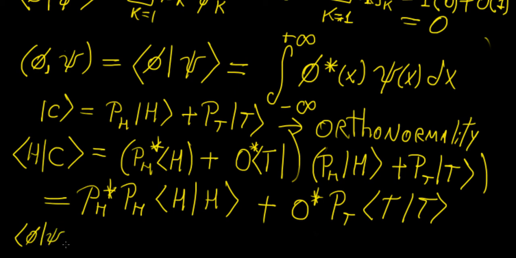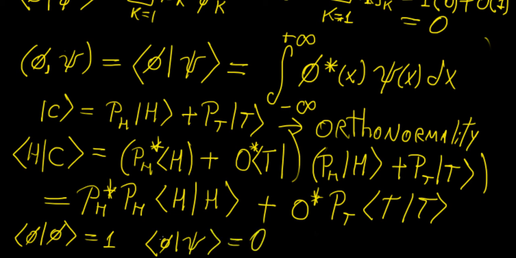If two vectors are orthonormal, their inner product should always be 1. Or actually, the dot product with itself should be 1. And the dot product of two vectors that are orthonormal to each other should always be 0. So something like phi and psi should be 0.